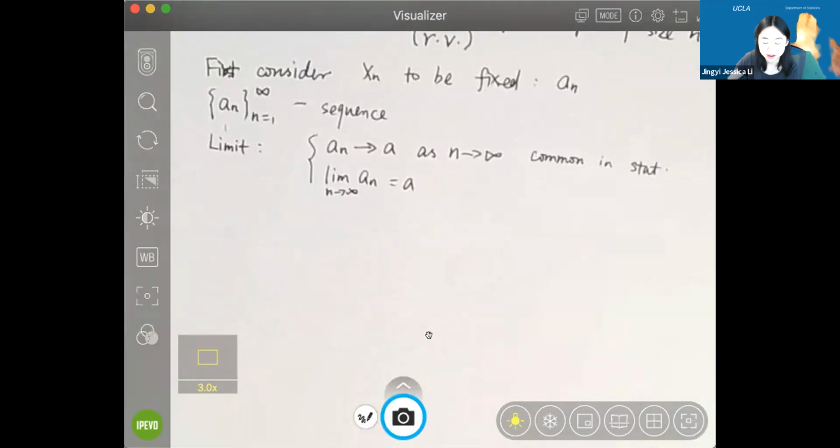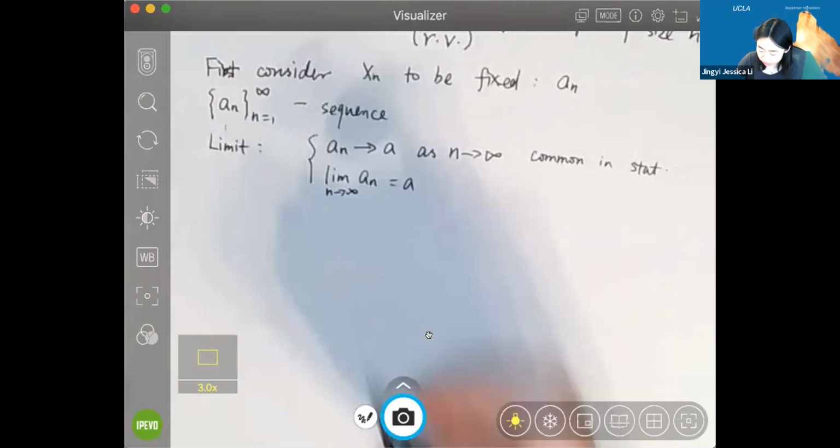So what do we mean by the limit? Here is the most important definition, what we call the epsilon-delta definition. It's like a refresher, okay? I think many of you must have learned this before.